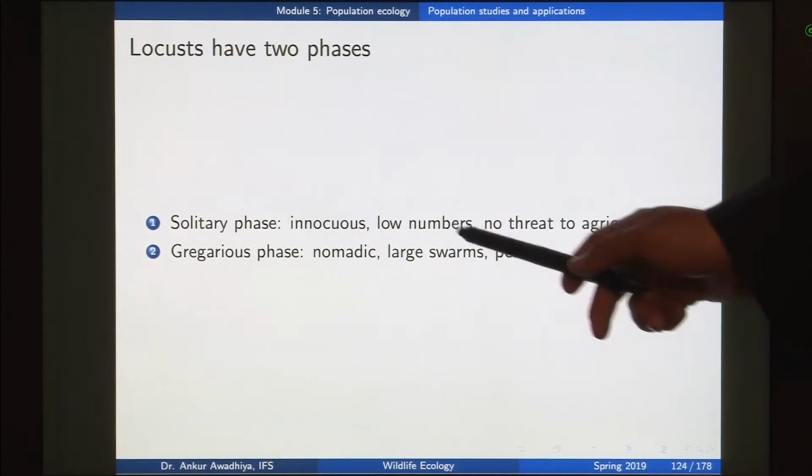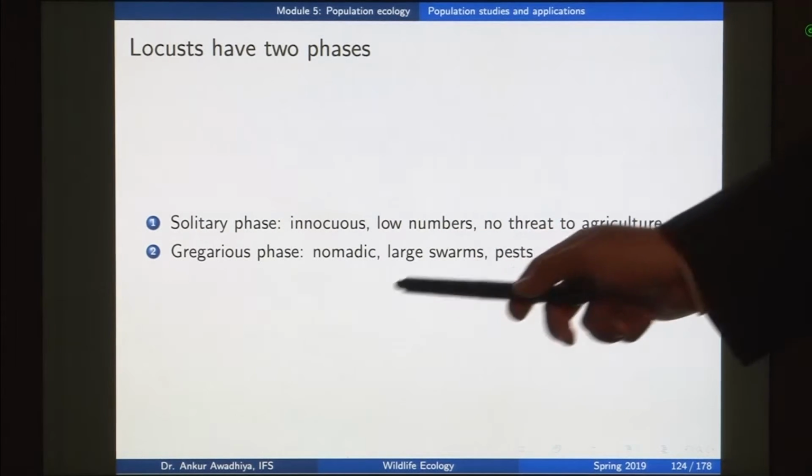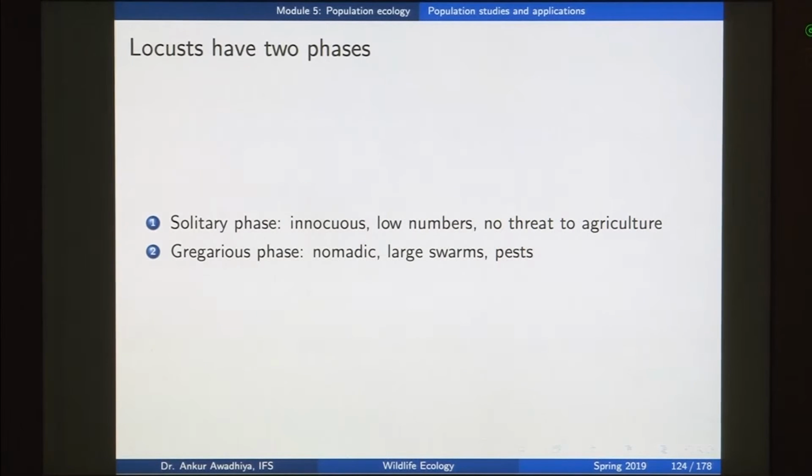They make large size swarms, then they move to other areas, and once they start moving, they will have a huge requirement of leaves, and because of which they will become a very important pest for agriculture and also for conservation. Now, this is something that we know today, that these locusts have these two phases.